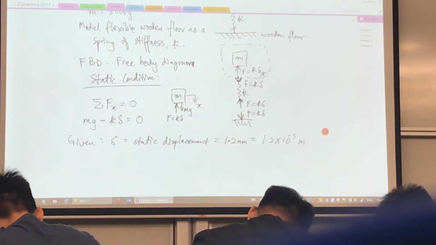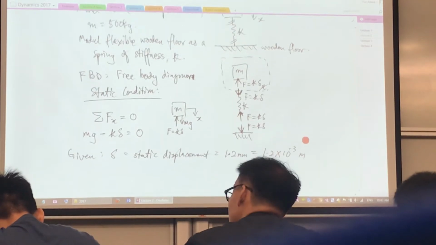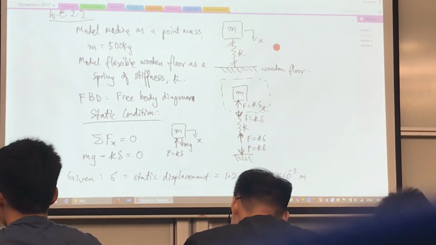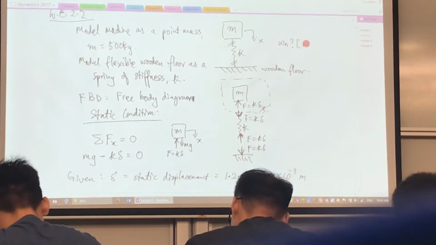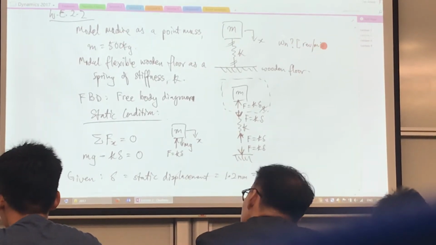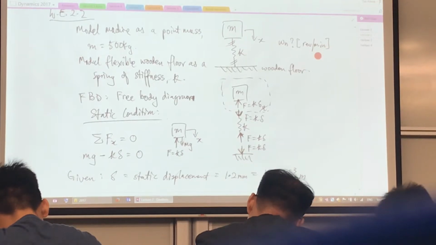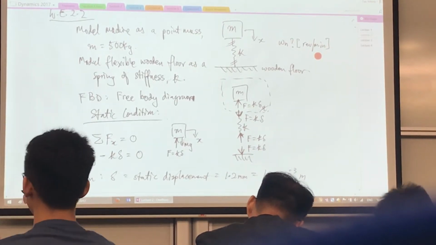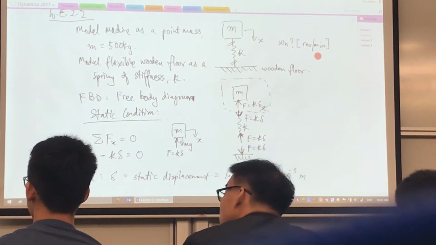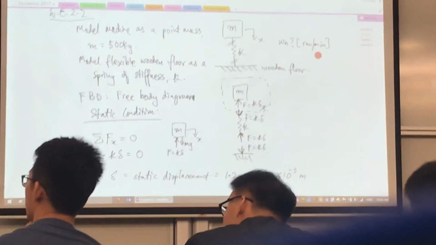I'm going to make use of this. The question is asking for the natural frequency, and they want it in revolutions per minute. This is another way to express radians per second. Later on, I'll do the units conversion for you.